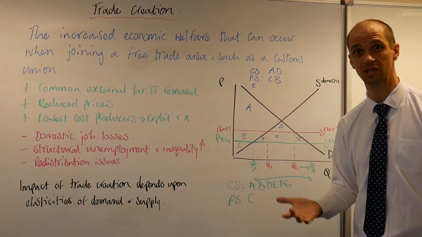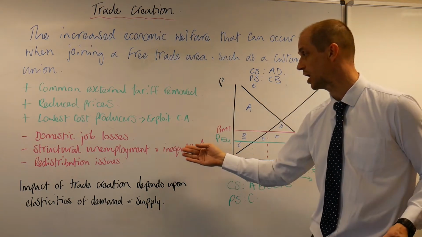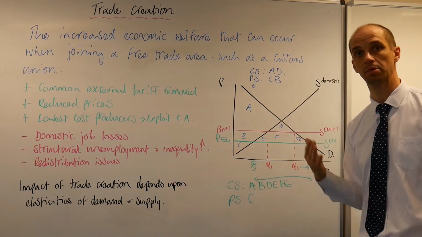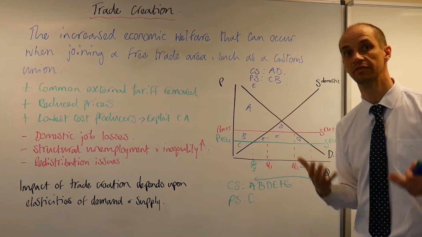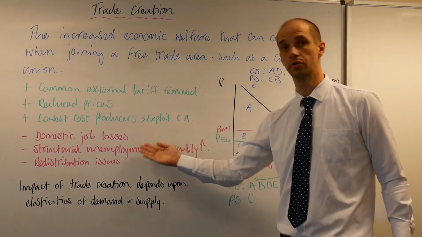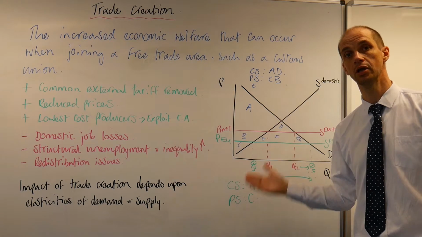We know how nasty the impacts of globalization can be on particular communities. There could be a rise in inequality, and that can be very problematic. In addition to this, there are going to be redistributive issues for the government to deal with. How do they support those that are really suffering as a result of this sort of scenario?